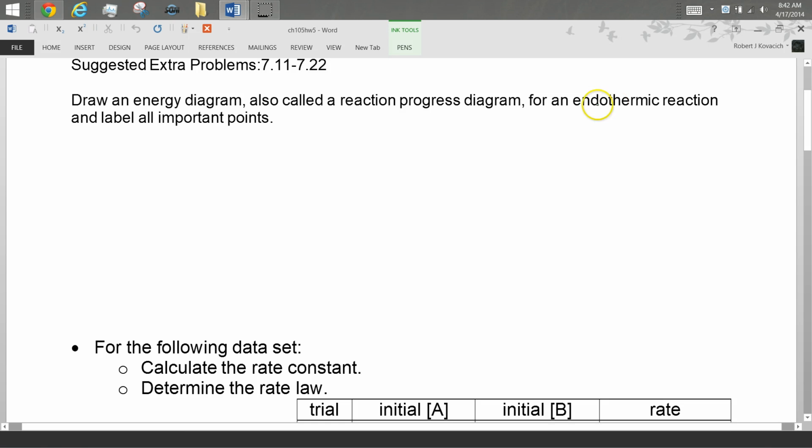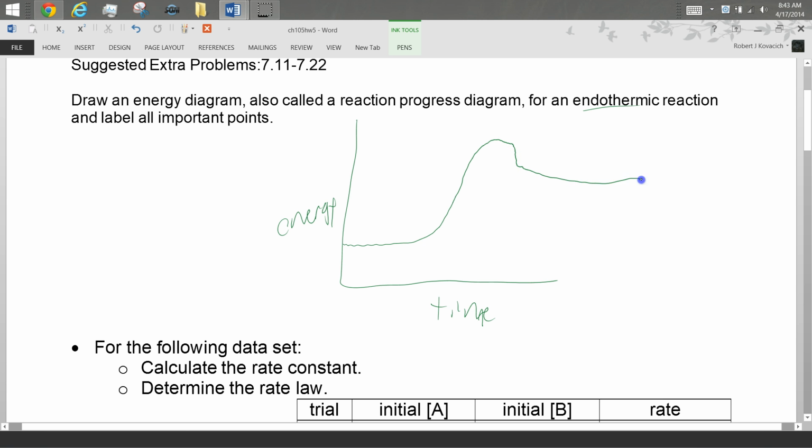All right, so we're looking for an endothermic, and we're going to label a bunch of things on this progress diagram. So we're going to label this time and energy, and endothermic, so something like that.